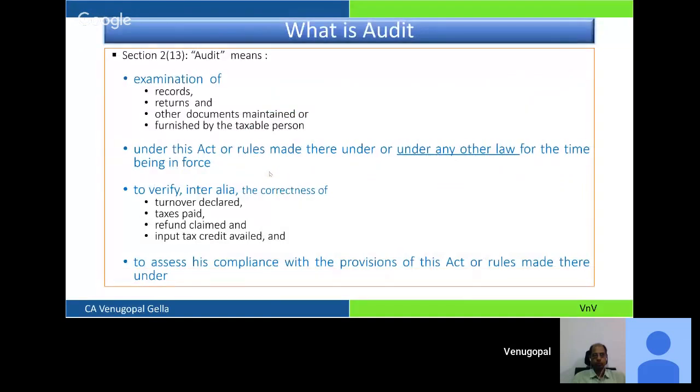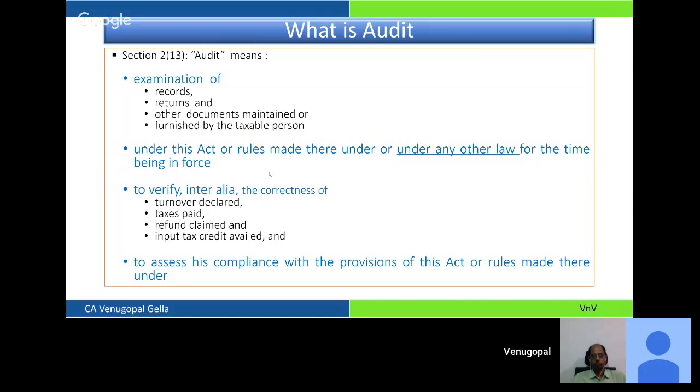What is an audit? The audit is examination of records, returns, and other documents maintained by the person, whether under this Act or any other Act. Broadly, it is to understand the correctness of the turnover, the correctness of the taxes paid, the refunds to be claimed, and the input tax credit availed.